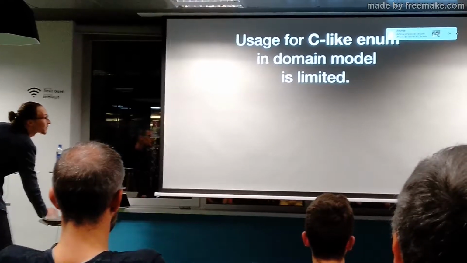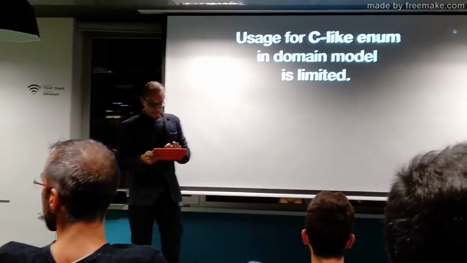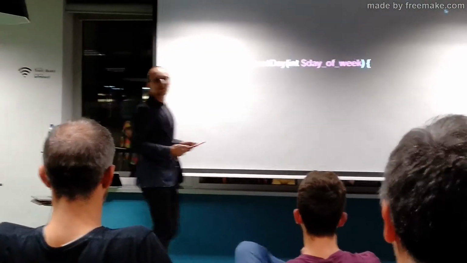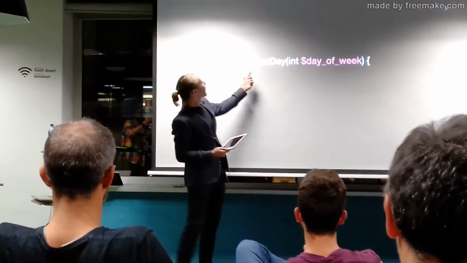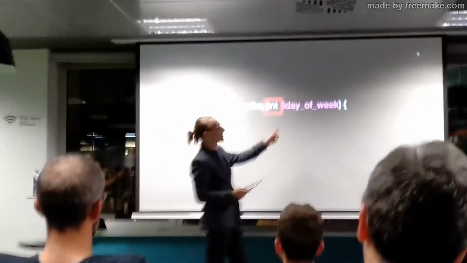It has quite limited usage in domain models. So, what's the problem with that? It's about type safety. There is a function which accepts just an integer, and it should be a day of the week.